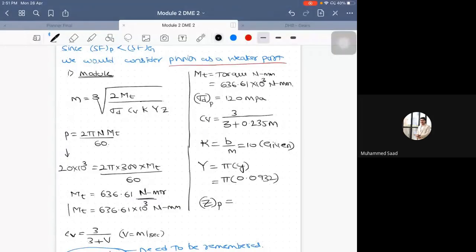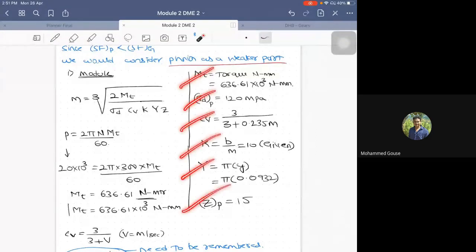How much? 15. So all the parameters you have listed one by one, guys, for using this particular formula.